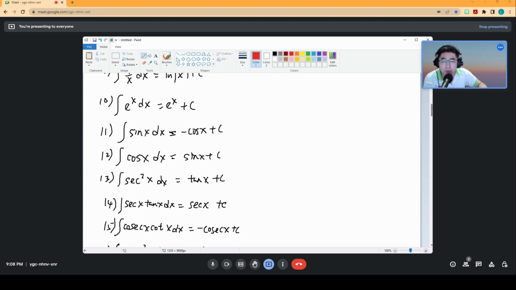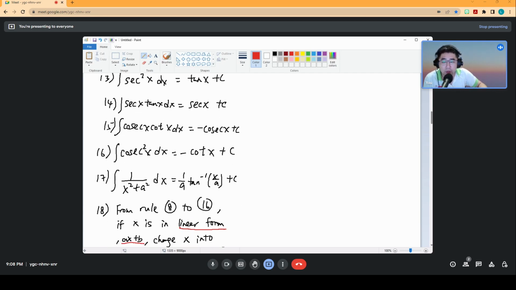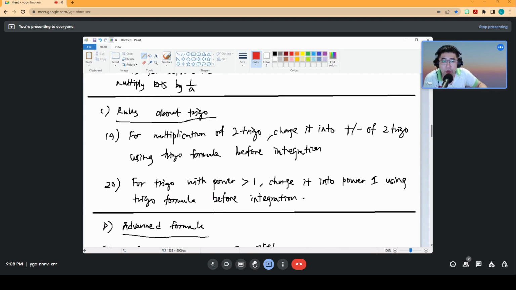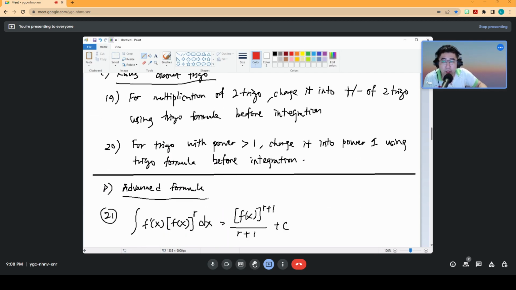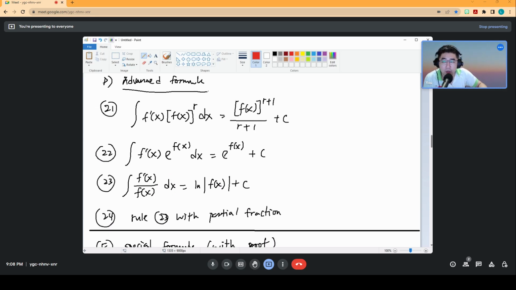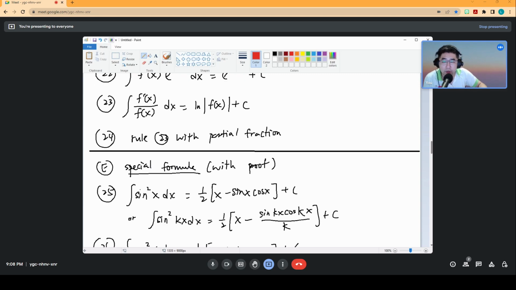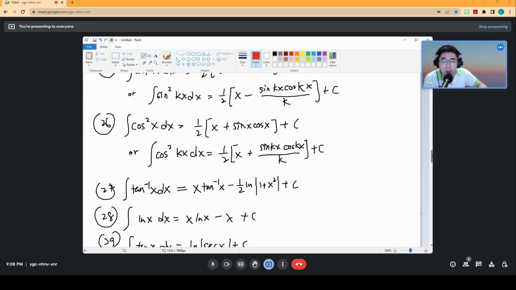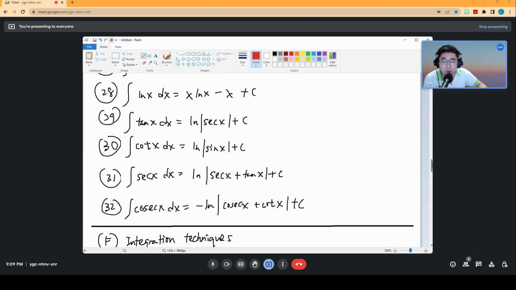So there are formulas. There will be rules about trigonometry, how to actually use trigonometry. We have advanced formula, and we have special formula with proof. This will be the formulas that appeared in past years.